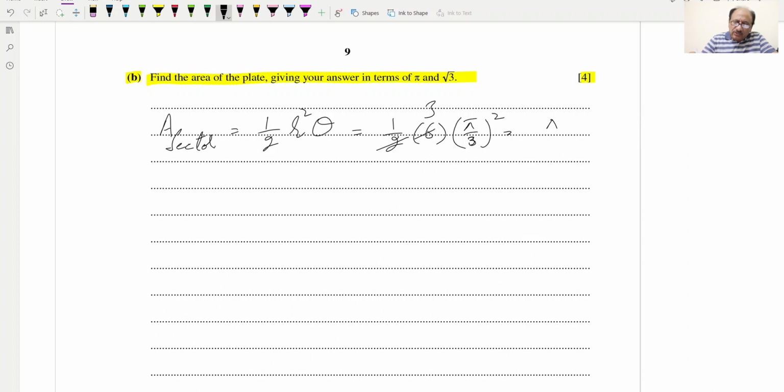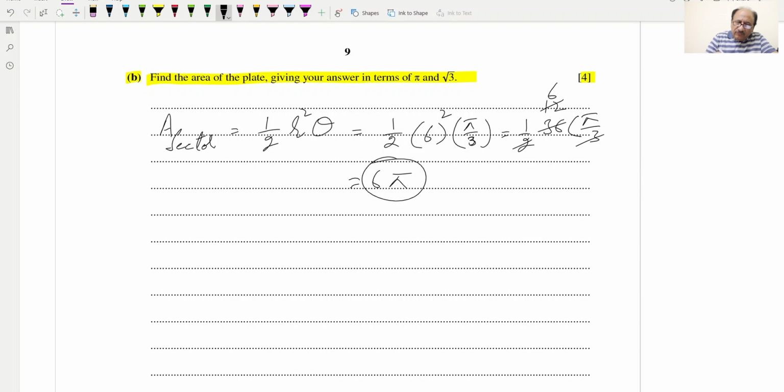Basically r squared theta, not pi squared. So r is 6 squared, which is 1 by 2, 36 into pi by 3, and this will be 6 pi.